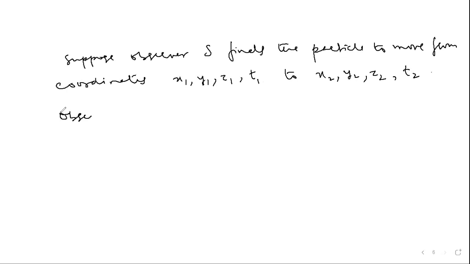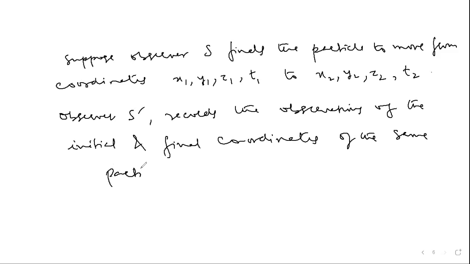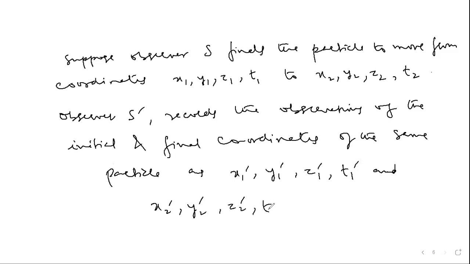Observer S prime, on the other hand, records the observations of the initial and final coordinates of the same particle as x1 prime, y1 prime, z1 prime, and t1 prime, and x2 prime, y2 prime, z2 prime, and t2 prime.